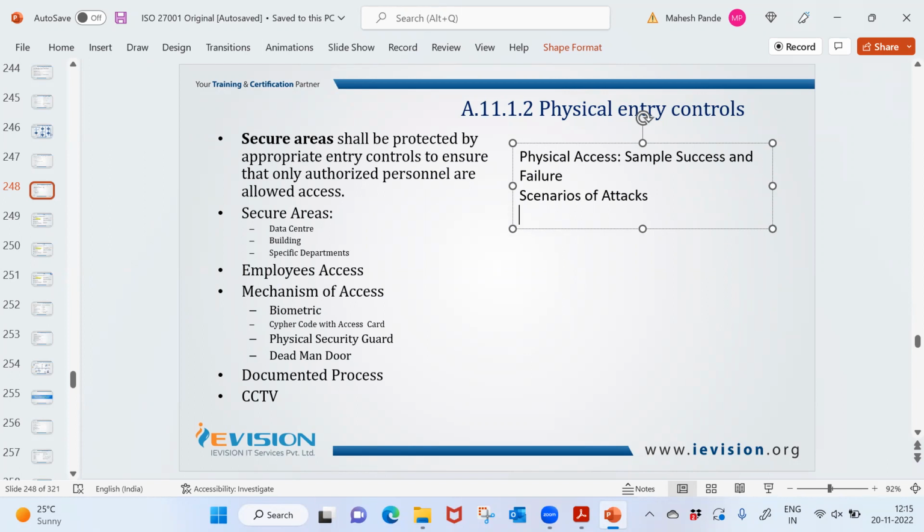You can verify the CCTV logs. Incidents, instead of attacks, I'll say incident records that you can verify.